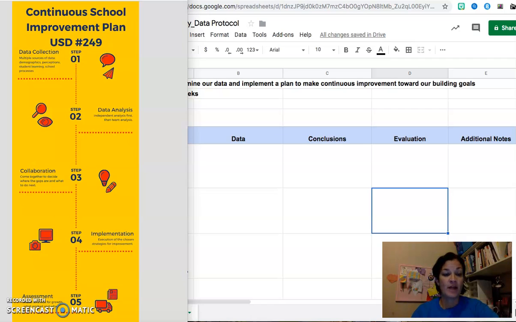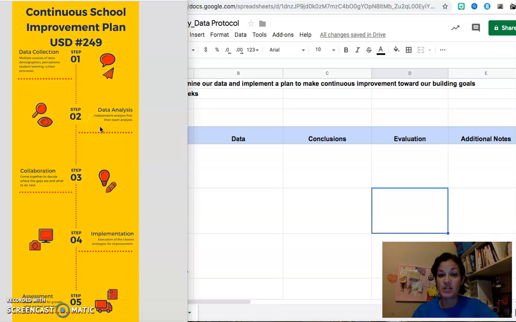So my graphic that I've created is walking through and setting the tone for the expectation. Talking about data collection being our first step, using multiple sources of data, giving that background a bit that we're not just looking for student achievement data. And then data analysis.